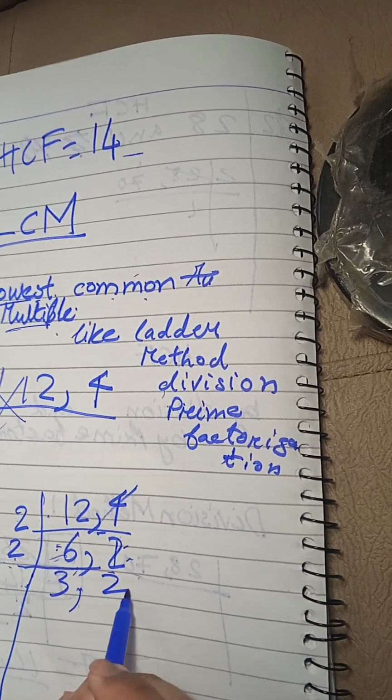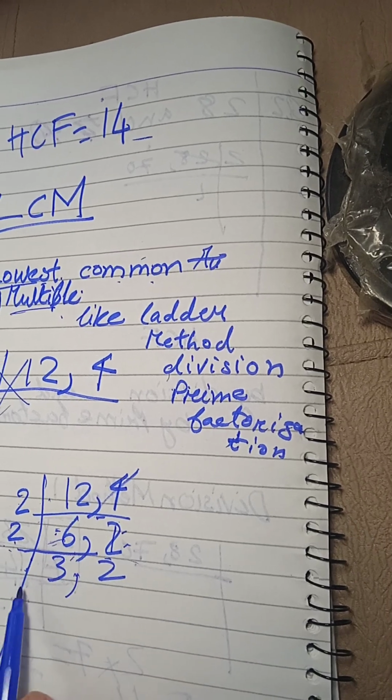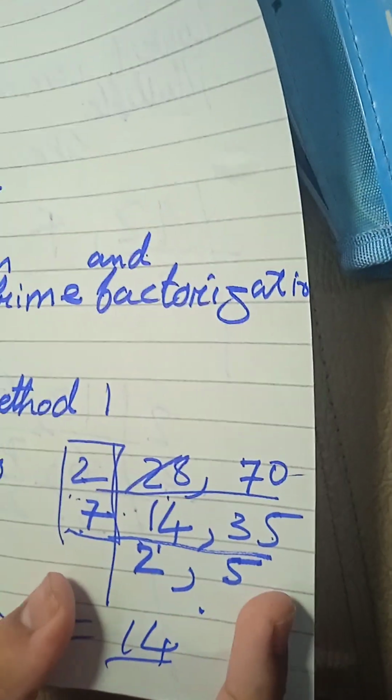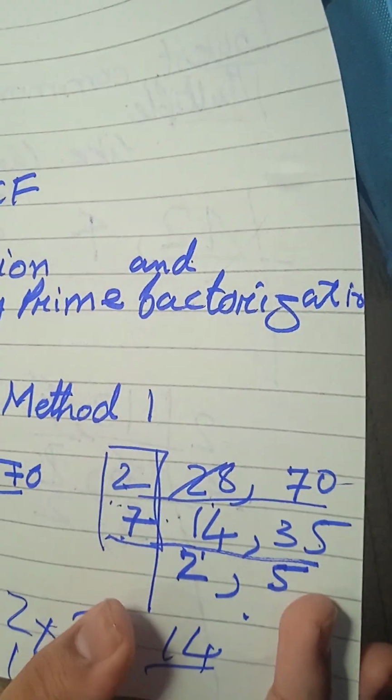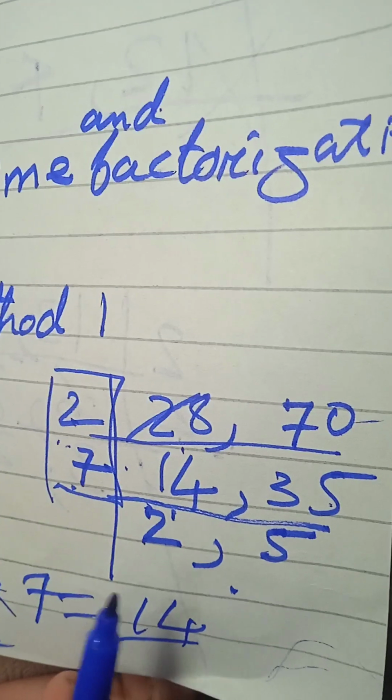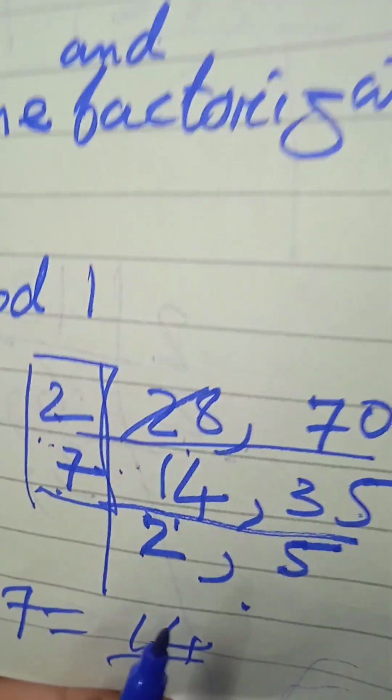We stop when we don't have a common divisor between them, like 2 and 5, which don't come in any table together.